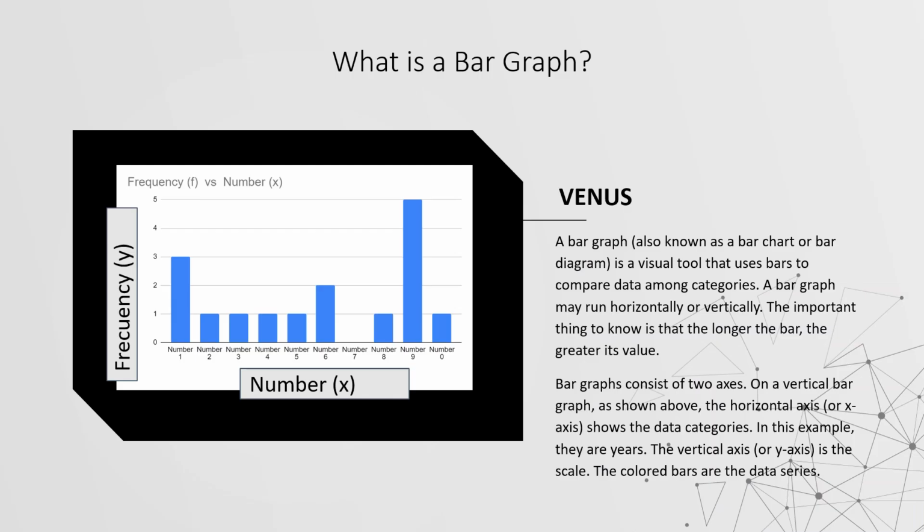Okay, and this is a bar graph. You can see the difference between the bar graph and the line plot because in the bar graph you actually have two axes.